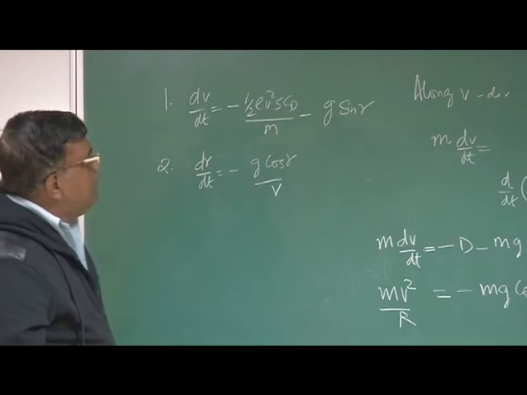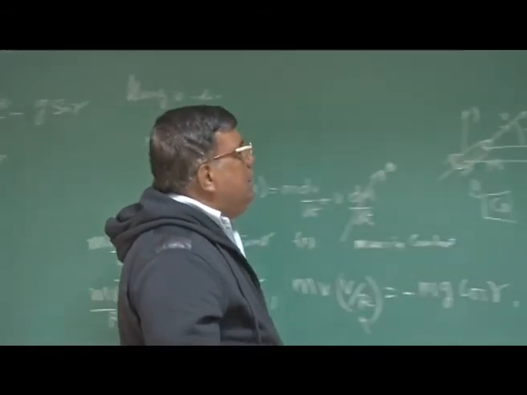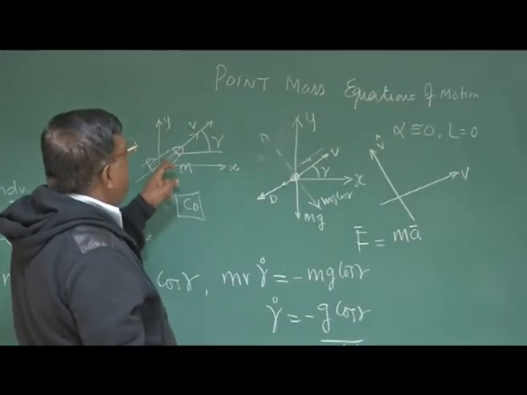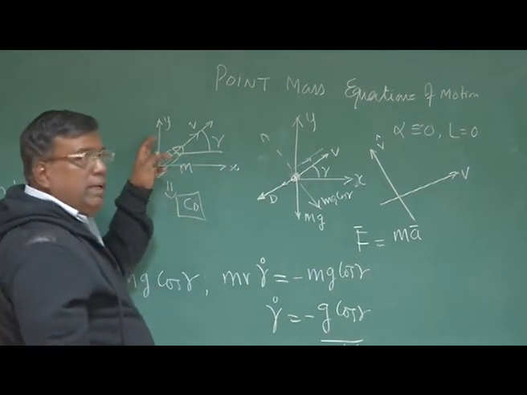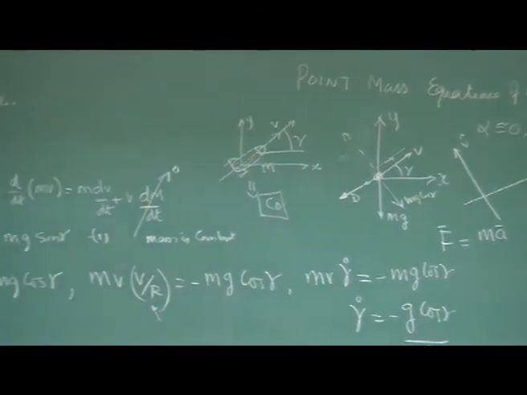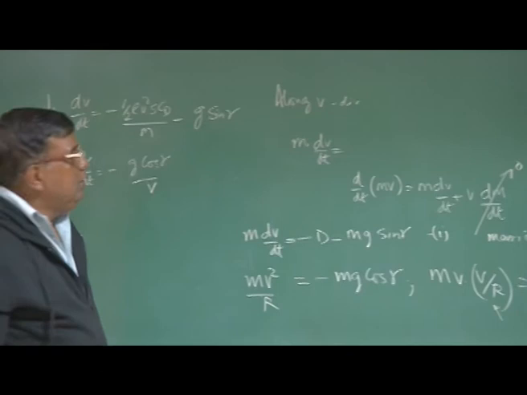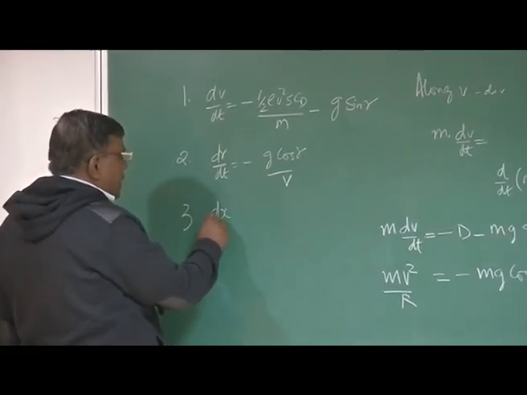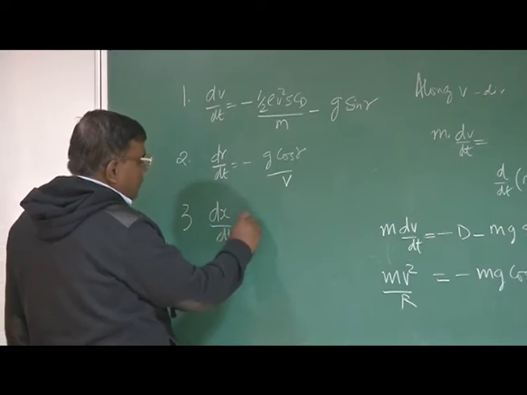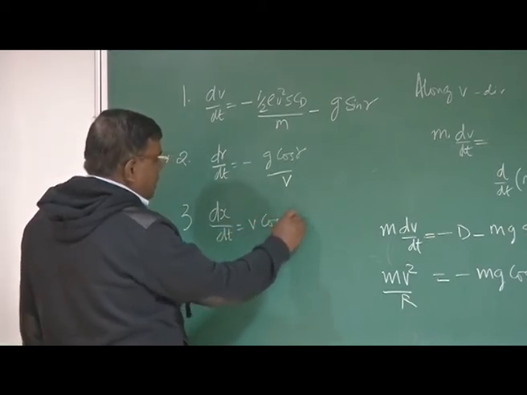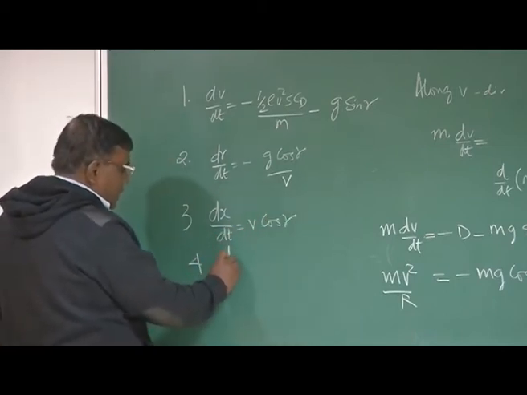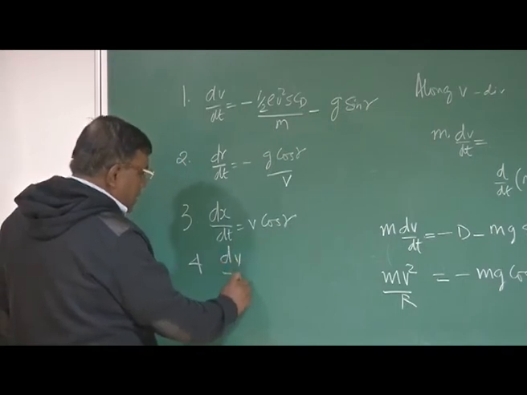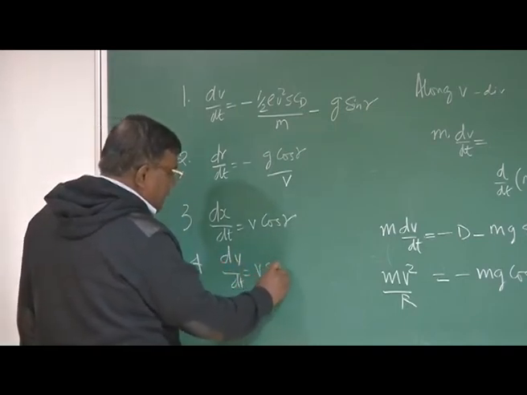What is our aim? We want to find the coordinates of this projectile in terms of x and y axis, right? We are assuming that it's a planar trajectory. So we have to add a third equation, that is dx by dt is v cos gamma, and the fourth equation is dy by dt equal to v sine gamma.